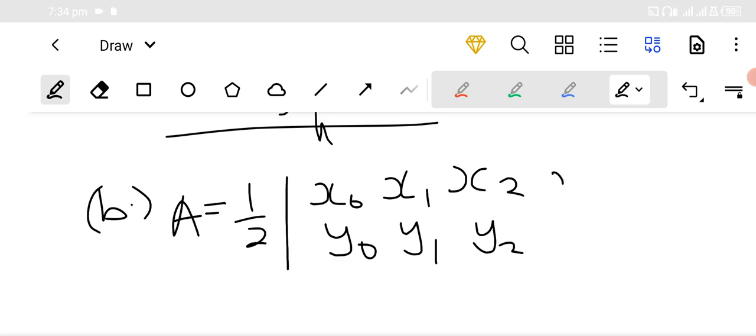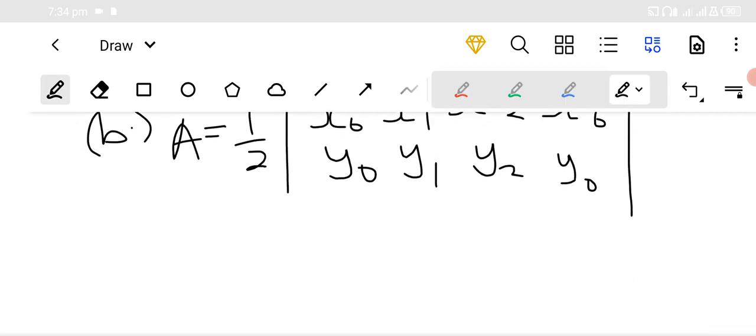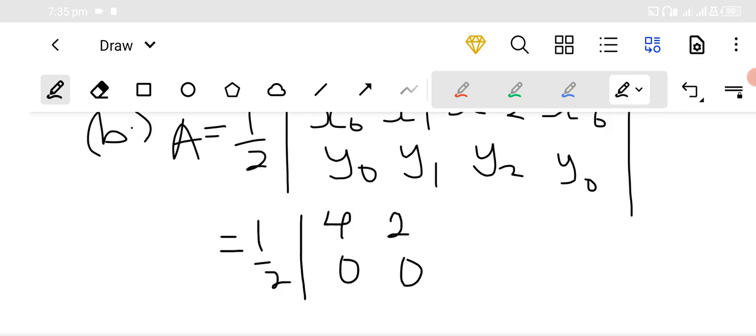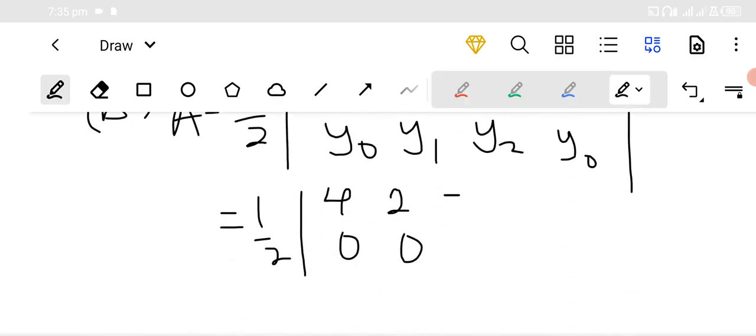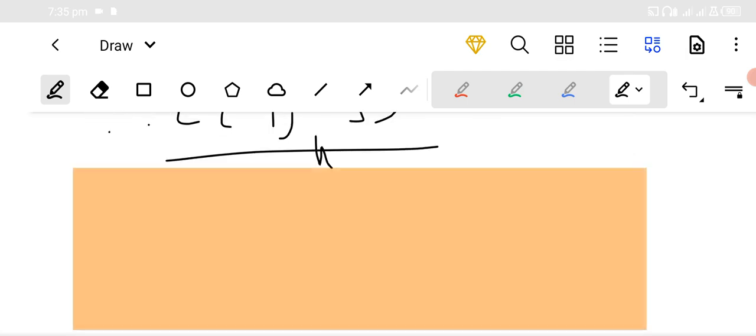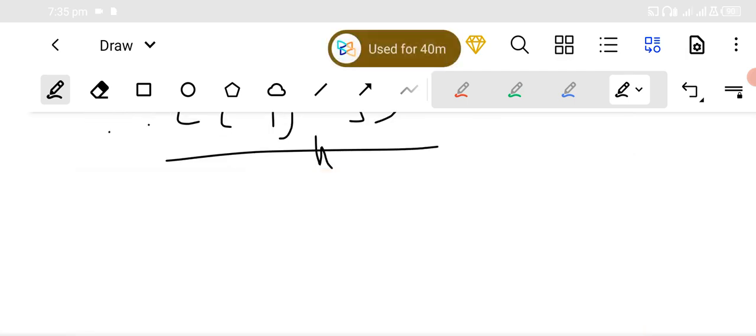So we are going to have x naught y naught, because I say you come back to the starting point. So it's going to be equal to half the modulus of the first point. Reference point was 4, 0. Sorry, I just thought of it.